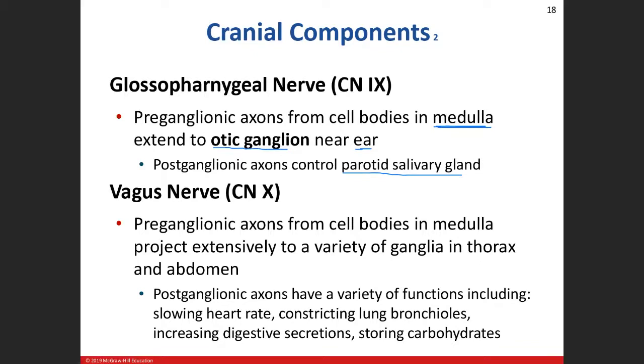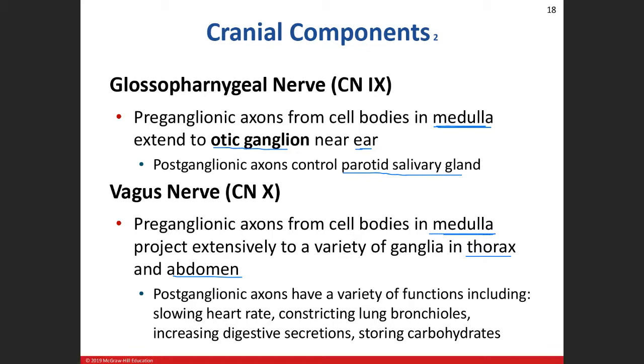All right. Vagus nerve. It originates in the medulla, much like glossopharyngeal, okay? And here's the thing. There are so many different ganglia that the vagus nerve goes out to, the preganglionic neurons, we don't even list them here. But what you do need to know is that all these ganglia are going to be found within the thorax and the abdomen.